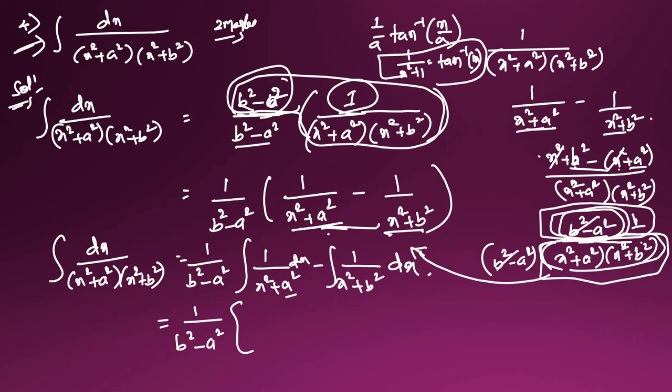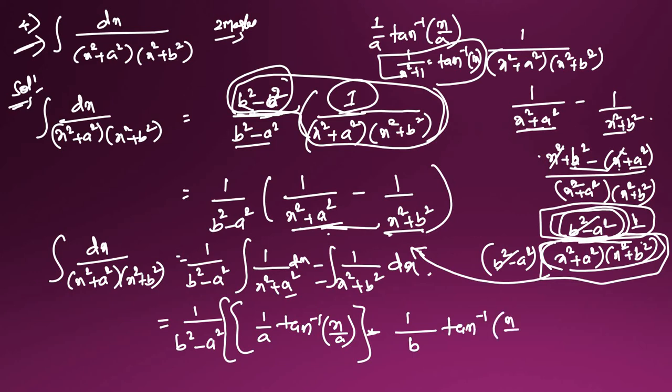Here x square plus a square is there, that's why 1 by a into tan inverse of x by a will come here. Sorry, here minus is there, so minus integral, and again 1 by b into tan inverse of x by b will come here, plus c. This is the answer of this fourth question.